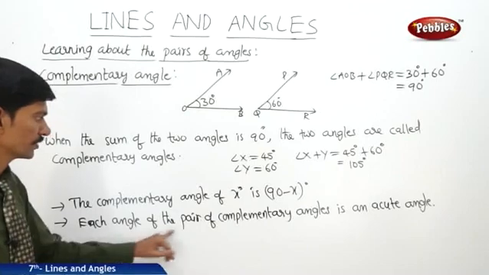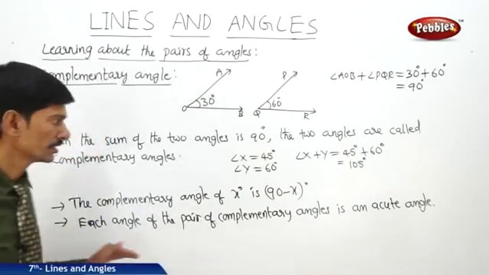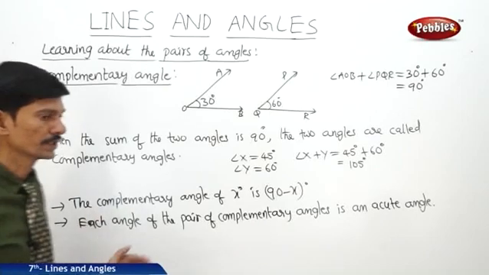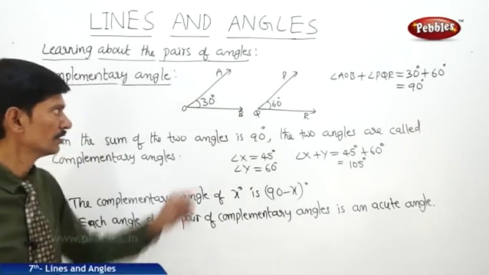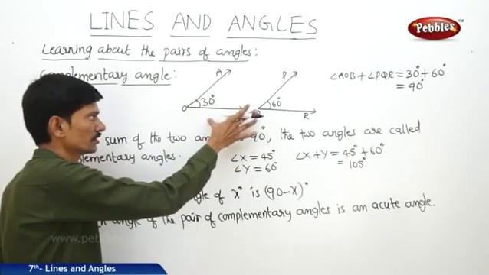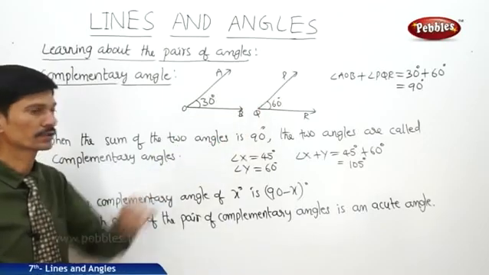This means if you take any pair of complementary angles, then in that pair each angle must be an acute angle. So in the given example, 30 degrees and 60 degrees is a pair of complementary angles, and in this each angle is an acute angle.